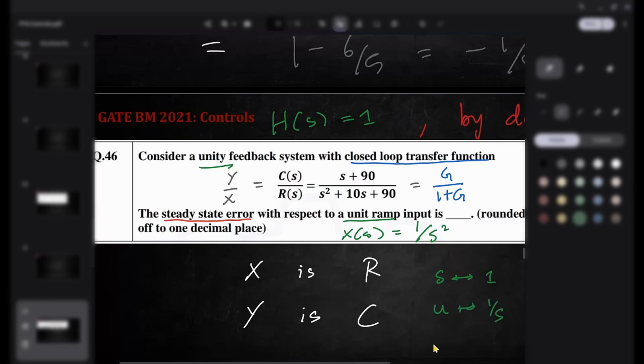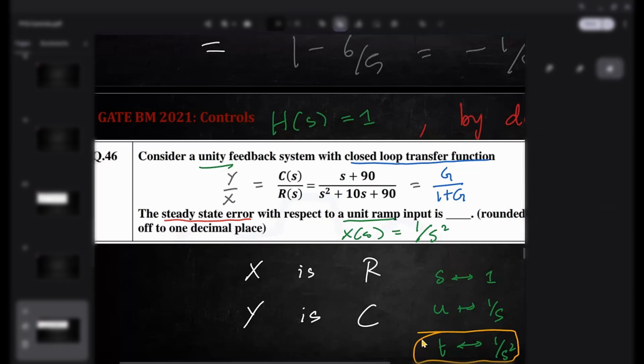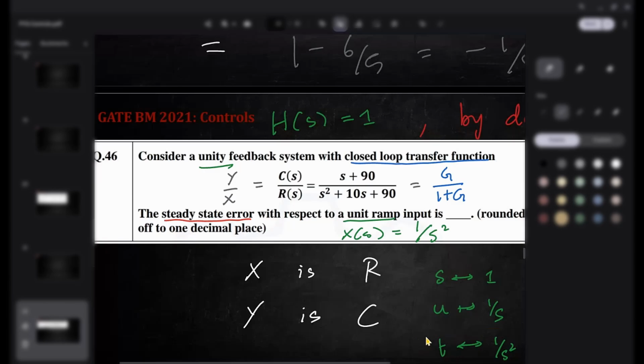And t goes to 1 by s square. Notice this also we have seen. Study the Laplace transform of t, because t is a straight line function, that is 1 by s square, because often that shows up as a ramp. Now you could go complete the problem.